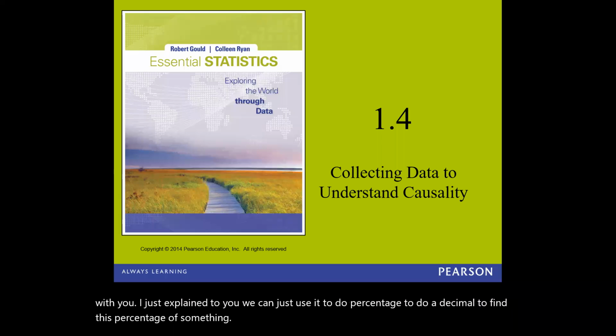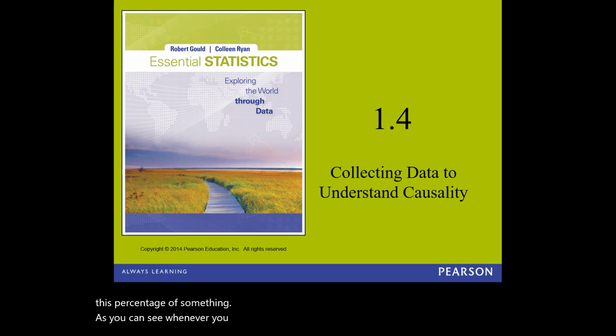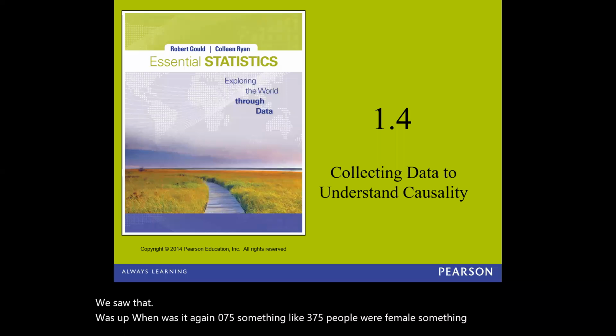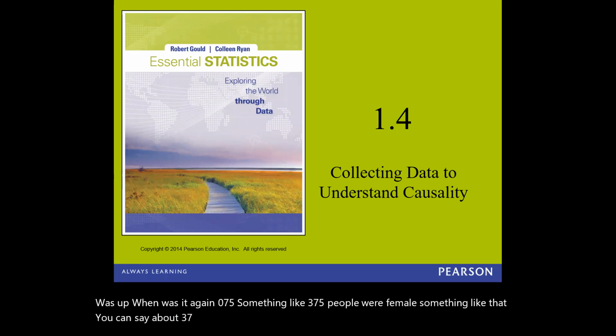As you can see, whenever you do percentage, like earlier today, we saw that 0.75, something like 375 people were female. You can say about 37% are female. We understand the idea of a percentage very easily.